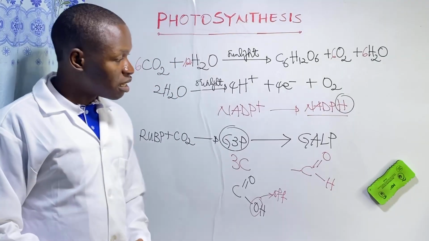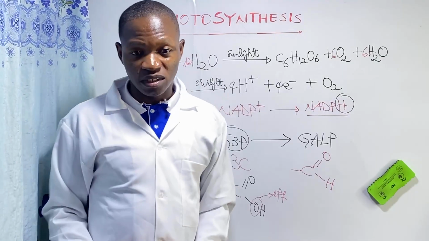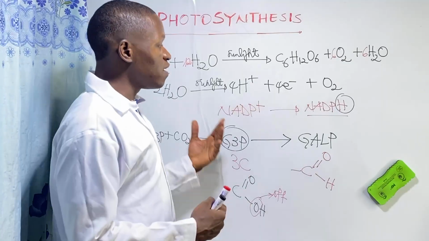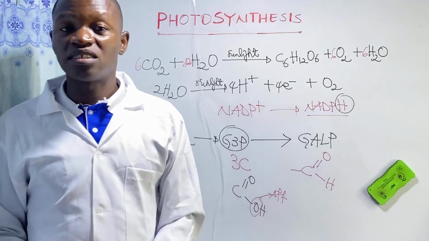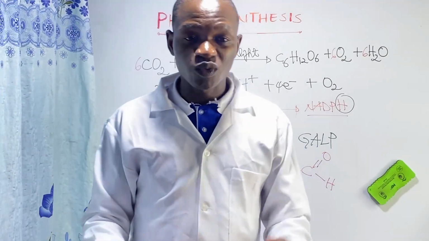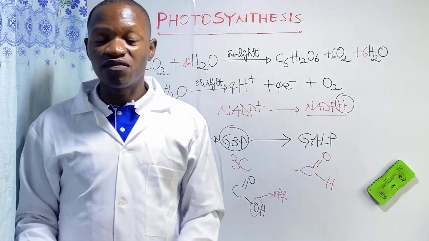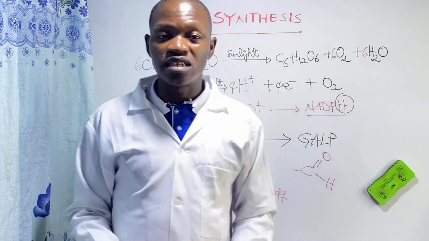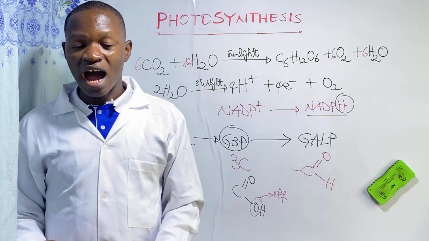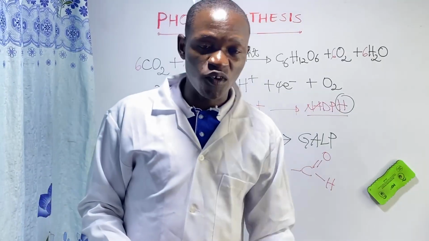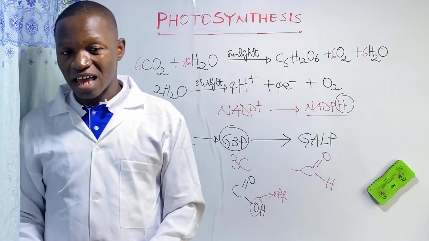So in our next lesson, we shall go into detail to talk about the events of the light-dependent stage of photosynthesis, as well as the events of the Calvin cycle or the light-independent stage of photosynthesis. And we shall also look at C4 plants and the Kranz anatomy.